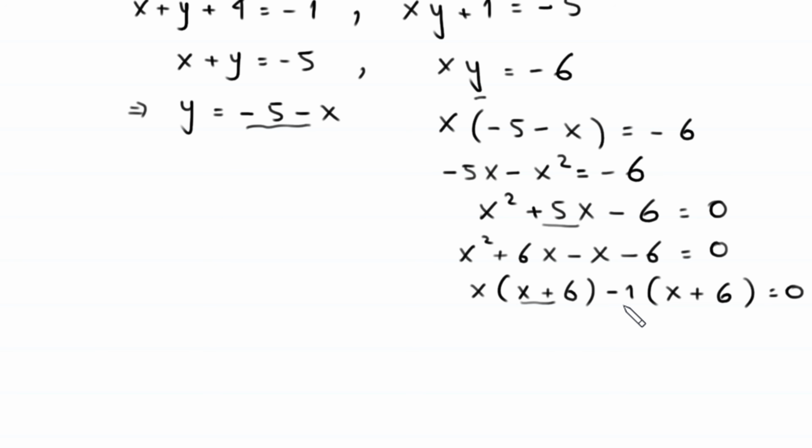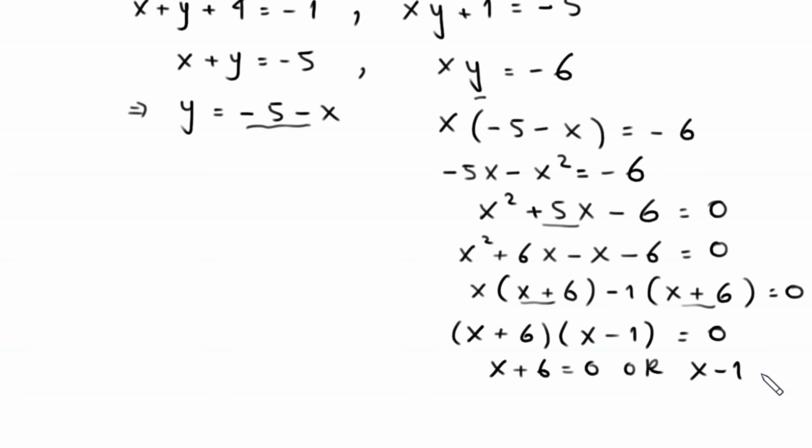Now this x plus 6 is common, so we factor out this x plus 6, and in bracket, x minus 1 equal to 0. Either x plus 6 equal to 0 or x minus 1 equal to 0. From this equation we get the value of x equal to negative 6, and from this equation we get the value of x equal to 1.